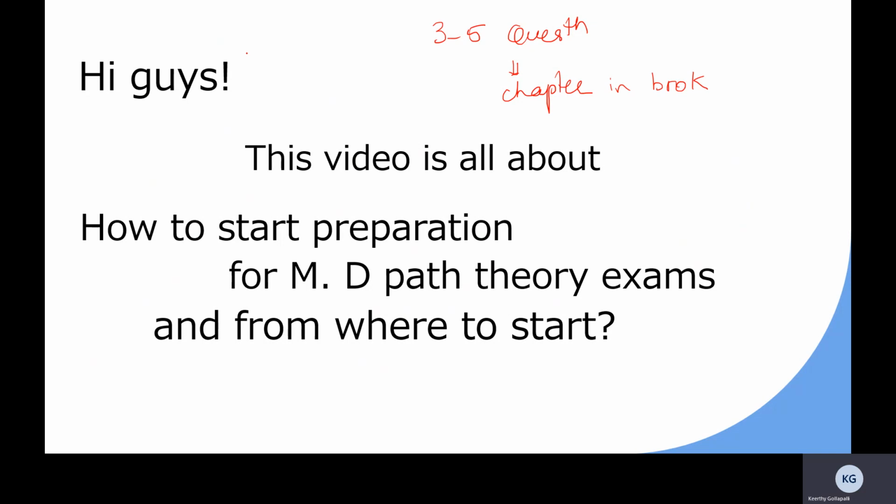Then divide the entire syllabus into group 1, group 2 and group 3. Group 3 is the bouncer, which you don't have any idea about. So this group 3 you have to divide again into paper 1, paper 2, paper 3 and start reading them.